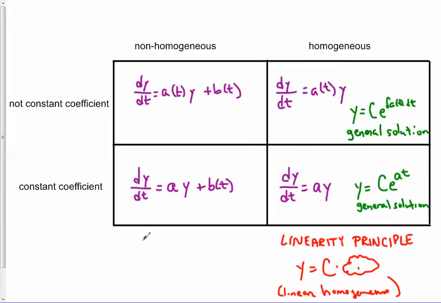So not separable, unless the b of t were a constant. If the b of t were a constant, then it would be autonomous, so it would be separable, and you'd be okay. But let's assume the b has t in it, then it won't be separable.